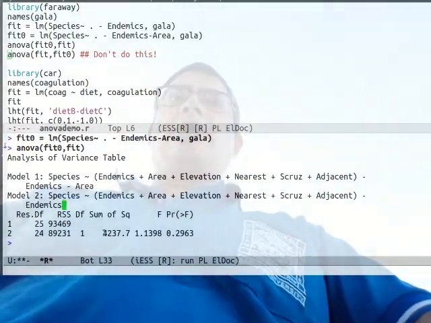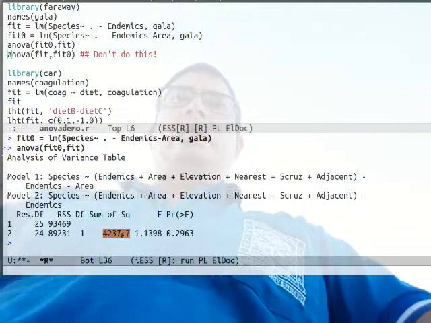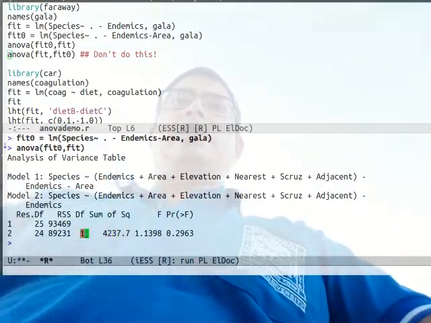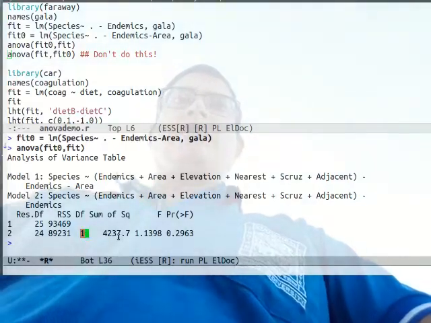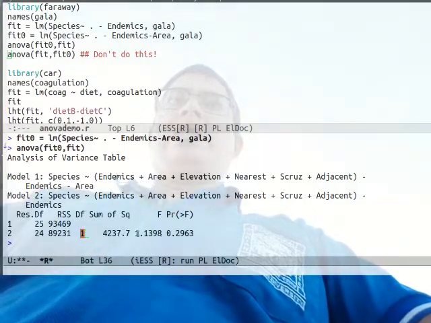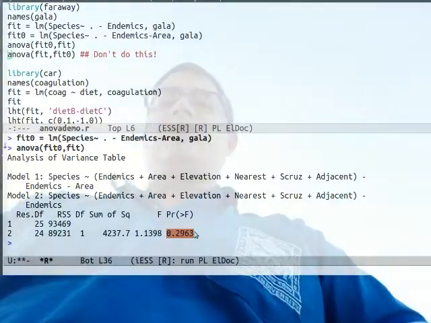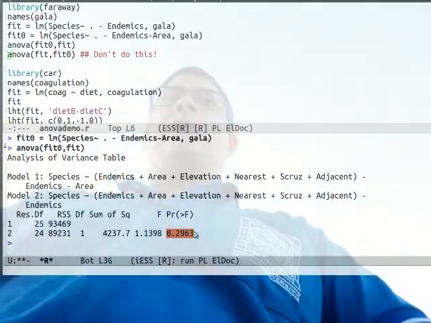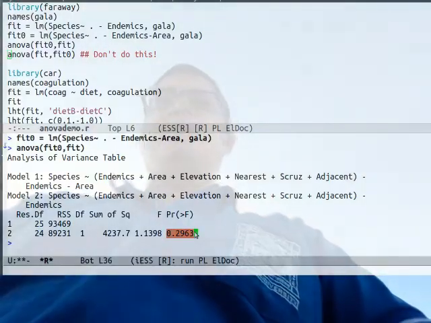So this one is your RSS naught minus RSS, and this is the difference in the degrees of freedom, and they are dividing it by the appropriate thing. So they are getting this F statistic and the corresponding p value of the F statistic, which is the probability that you will exceed this observed value if the null hypothesis is true.